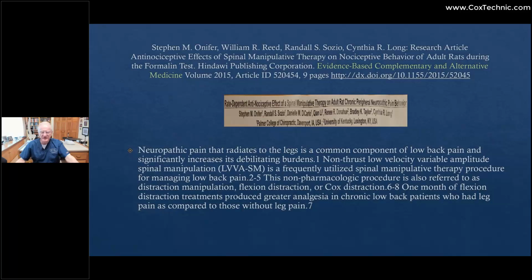We talk about funicular compression, far lateral, sparing the upper extremity, only causing lower extremity pain neuropathically. And when you read Donifer et al., note that neuropathic pain significantly increases its debilitating burden. They state here that 1 month of flexion distraction, they called it Cox technique, produced greater analgesia in these back pain patients who had leg pain compared to those without leg pain.